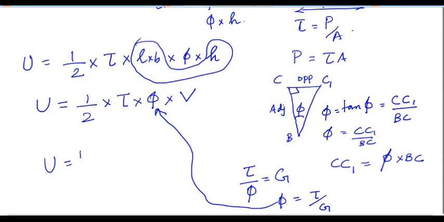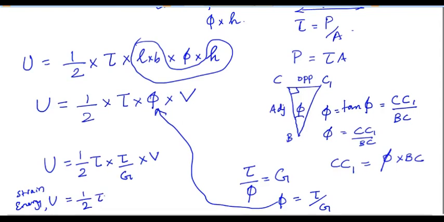The above equation becomes half tau into tau by G into V. So U is the strain energy.